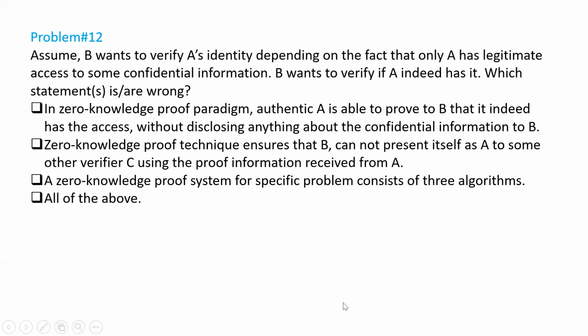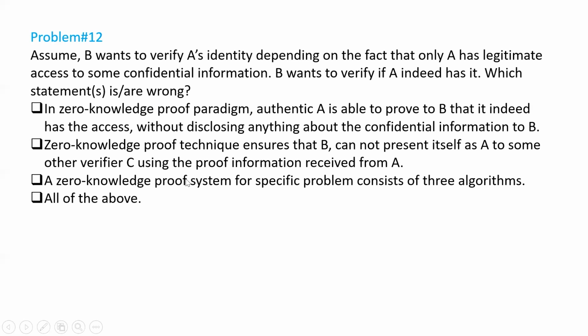The verifier is convinced. But in our scenario, there are two entities, A and B, and A has access to some confidential information. Now there may be the case that there is some adversarial entity A dash who wants to claim falsely that it has access to that confidential information, and B is a verifier who is verifying the identity of A dash.